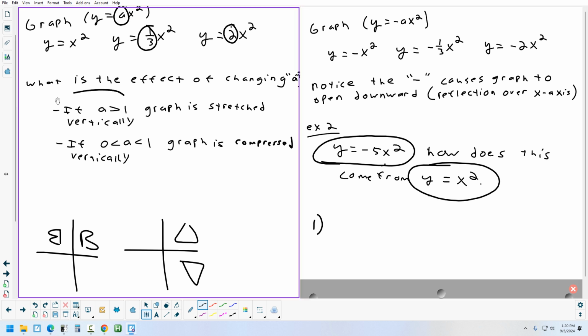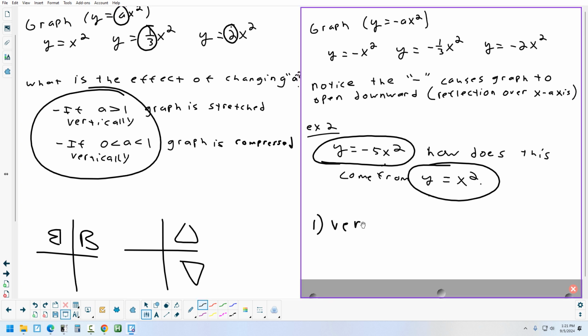So look right there. What's the value in front of x squared in this one? It's 5. What happens if a is 5? Stretches. Okay. A is bigger. 5 is bigger than 1. So the graph is going to stretch. Okay. This is how you write down what's going to happen.